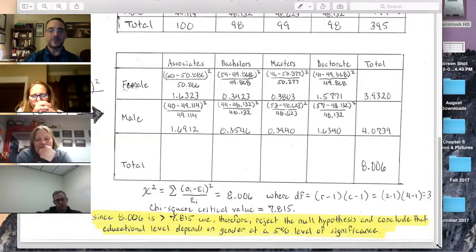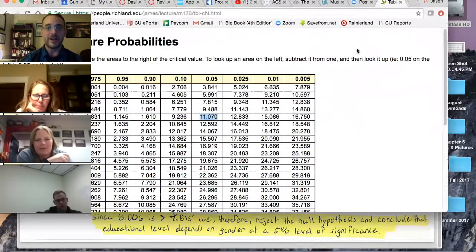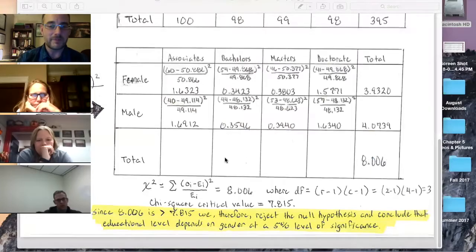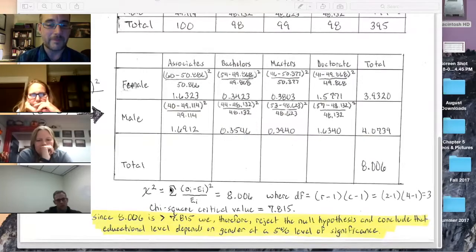So our degrees of freedom is 3, and our alpha is set at 0.05, right? So 3 degrees of freedom at the 0.05 level is 7.815. That's the value that we're comparing. We've only got about a minute left before this cuts off, so let's compare that.